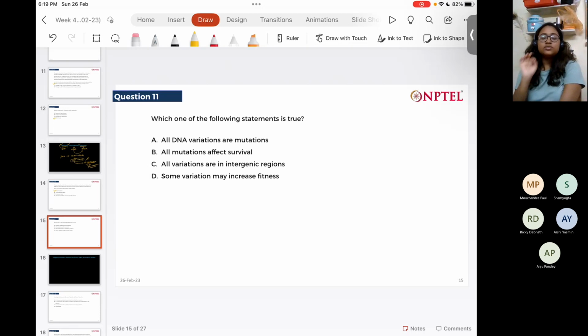Which of these options seems the most correct according to you? Let me repeat. There are four options given here, and you have to identify which will be the most correct statement.